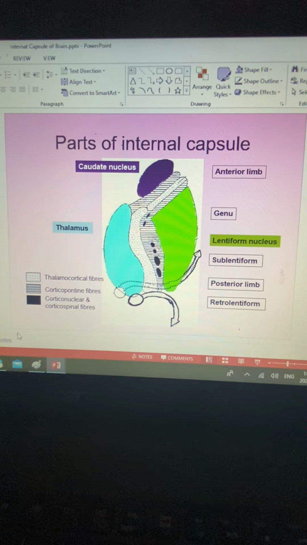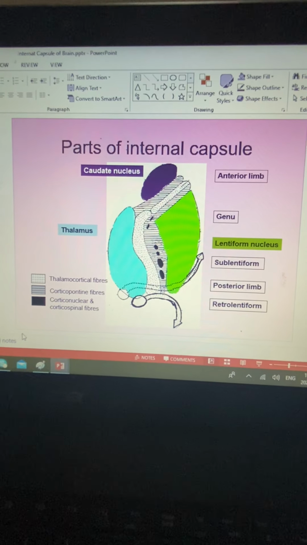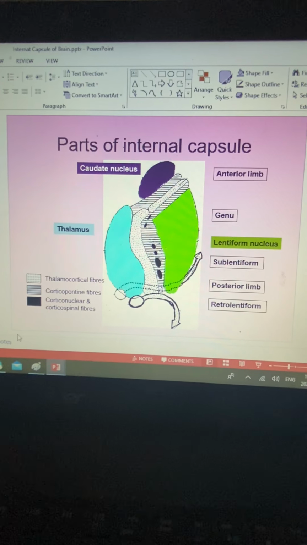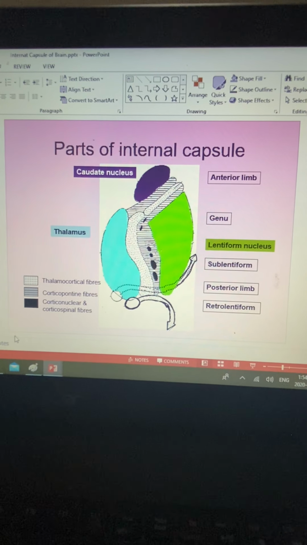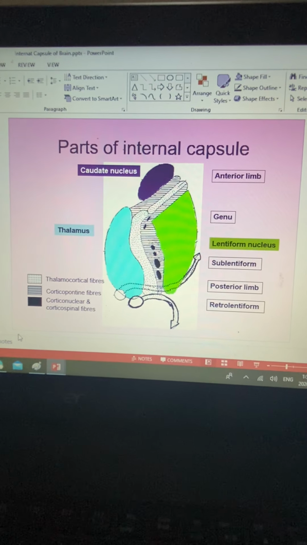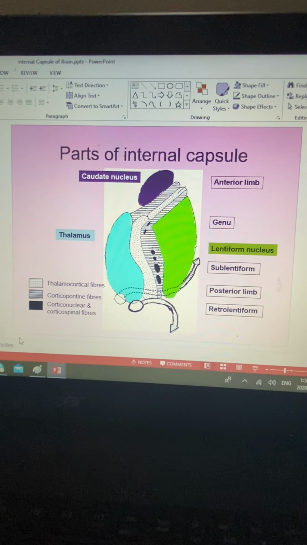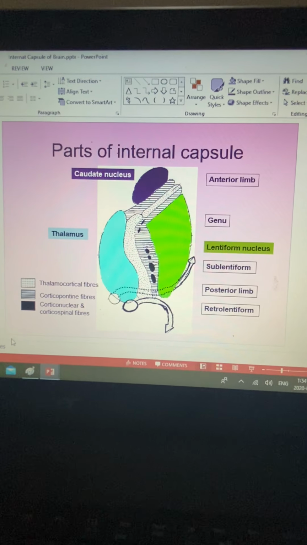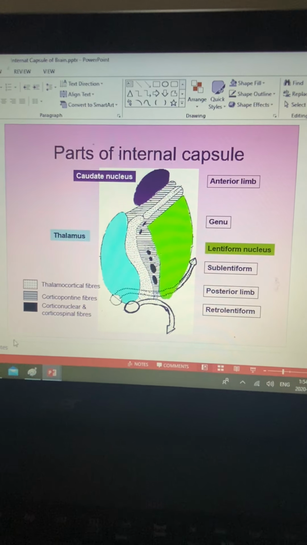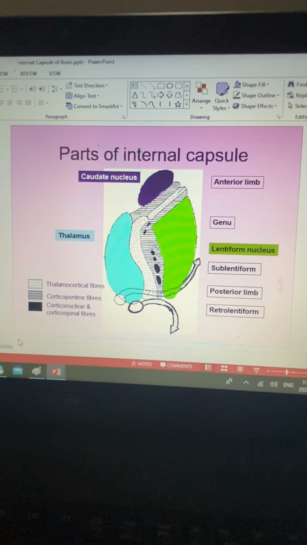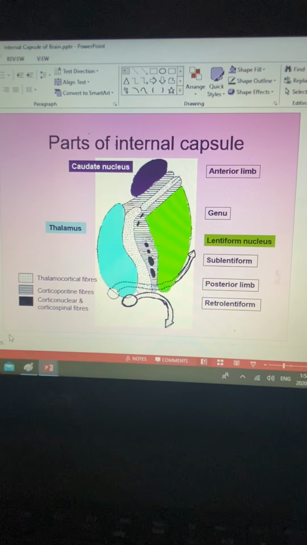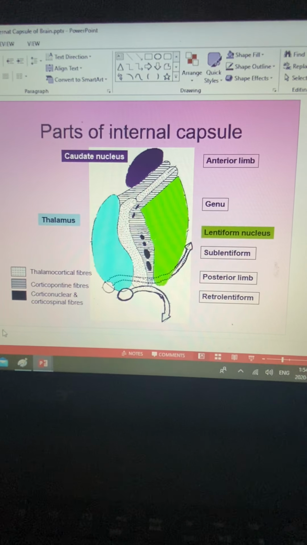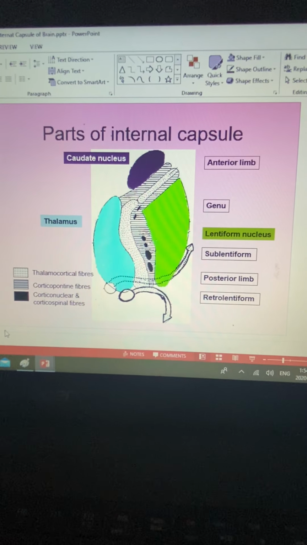Here you are being shown the anterior limb, the caudate nucleus in purple, green is the lentiform nucleus, and this blue or turquoise color is the thalamus, right? Now what the internal capsule is doing, the anterior limb, that's why we have shown you the black shaded dotted areas.